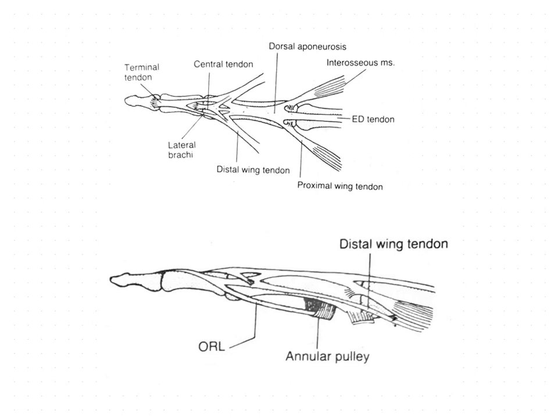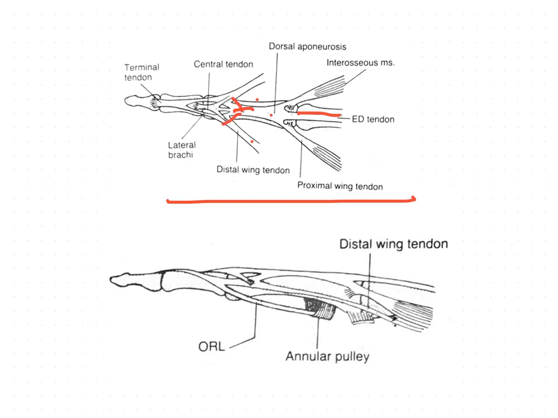Here again you can see the structure of this extensor mechanism. Here is the extensor tendon and this is the proximal phalanx. Above this joint, the tendon flattens out, which is called the dorsal aponeurosis, and you can find three slips here.